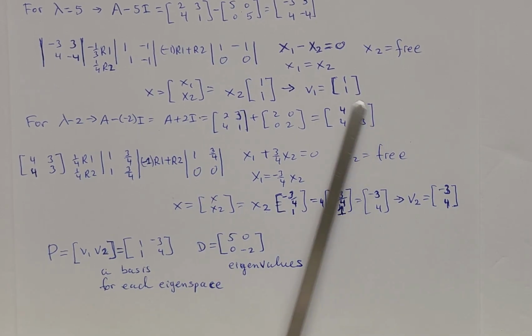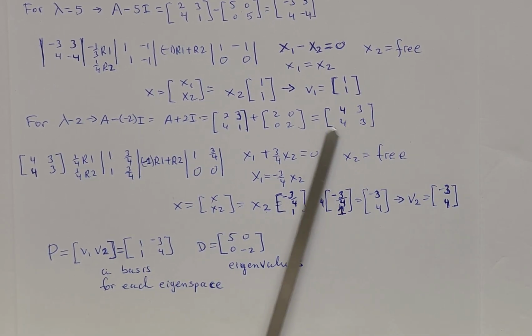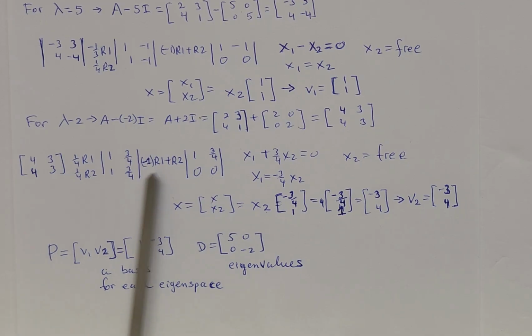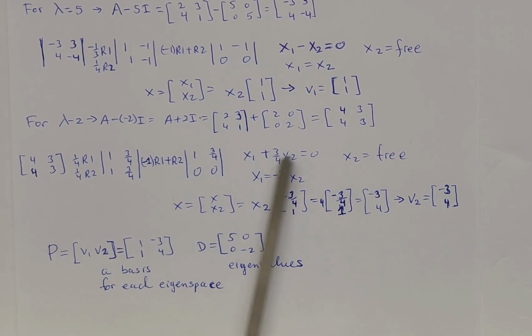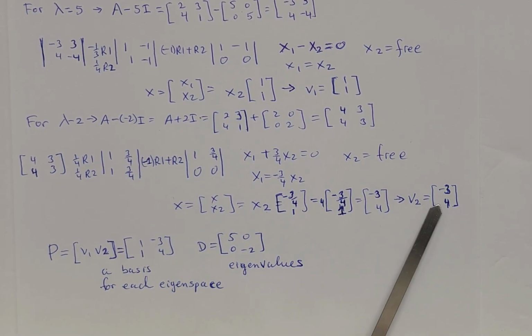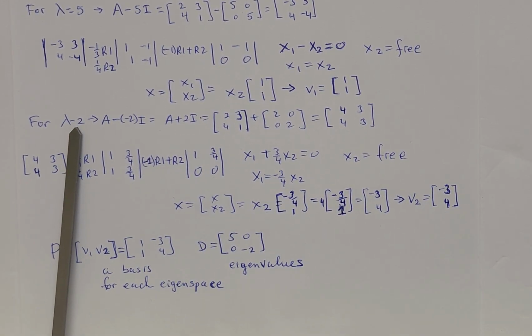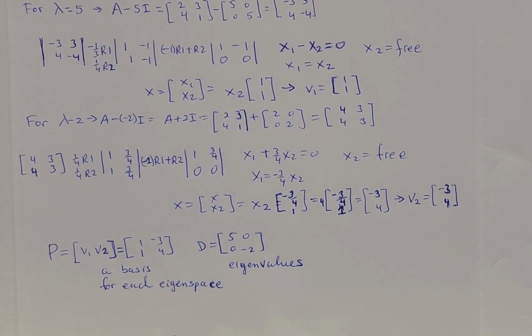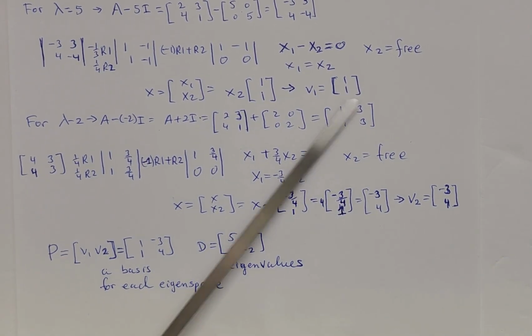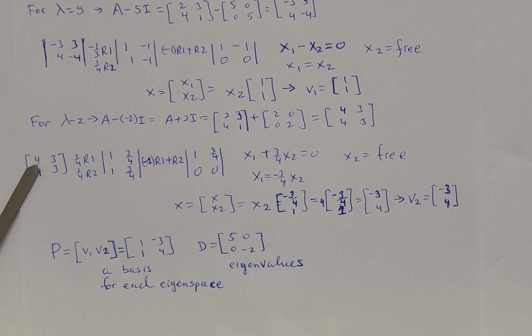So use this matrix to do row operations or row reducing to get my second vector or basis that corresponds to lambda -2. Okay, so using this matrix here, we need a 1 here and also a 1 here, so it makes it easy.